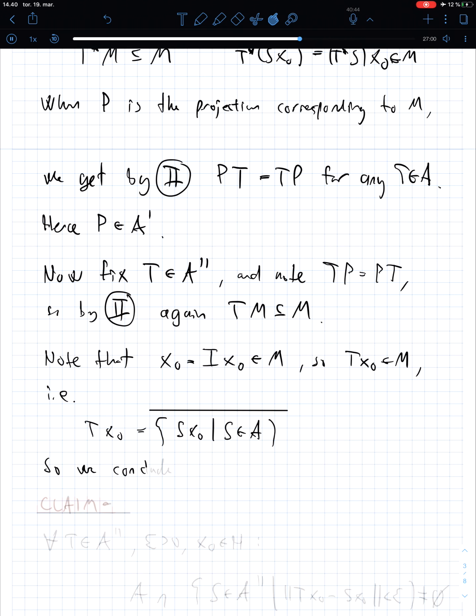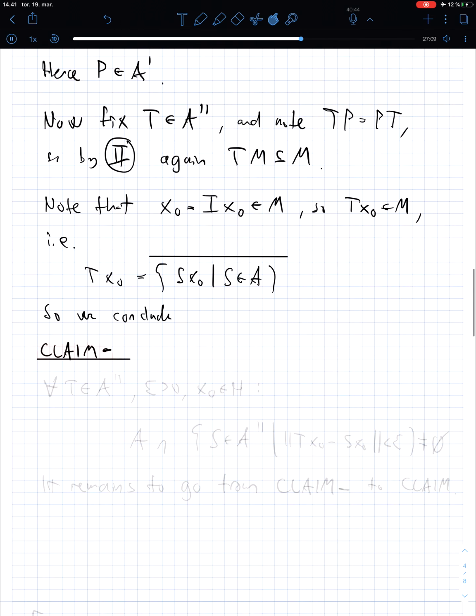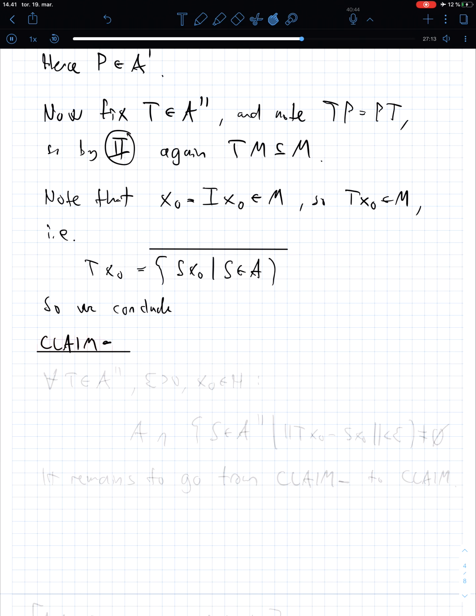So we conclude something I would like to call perhaps claim minus, because it's not really what I want, but it's in the same ballpark, namely: whenever I have a T in A double prime, I have an epsilon and I have an x0, then the elements in A double prime that are close to T relative to x0 and epsilon, that is a very special kind of neighborhood of T, have a non-empty intersection with A. Right, so you see, I've sort of proved the claim, but only in the very special case when there's only one vector in the neighborhood, and that's not enough, right?